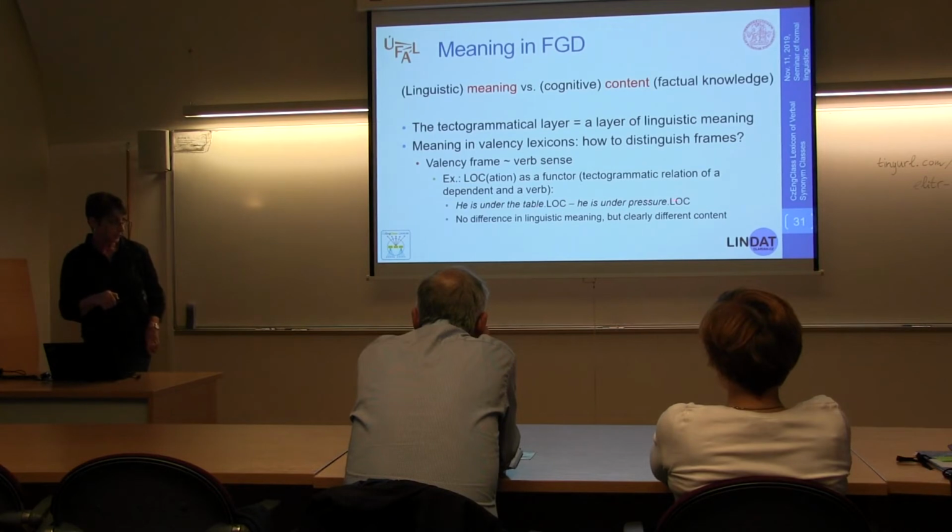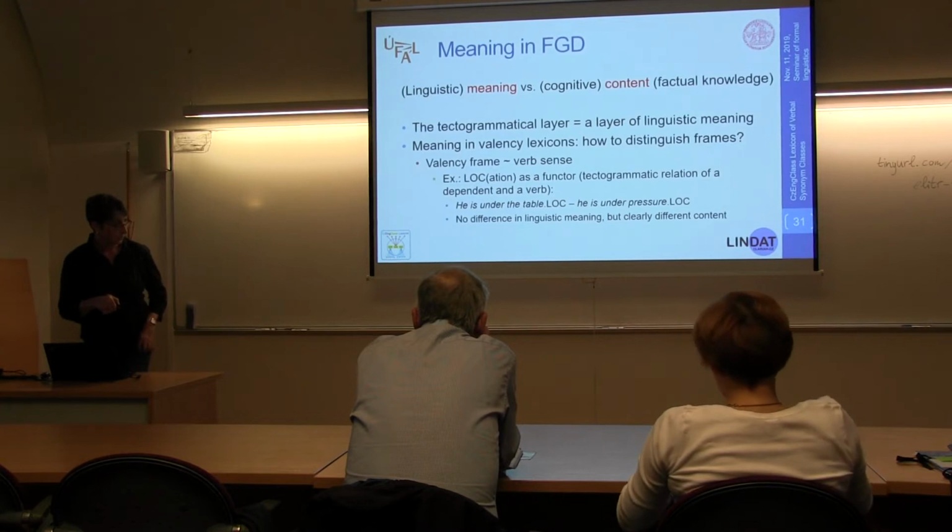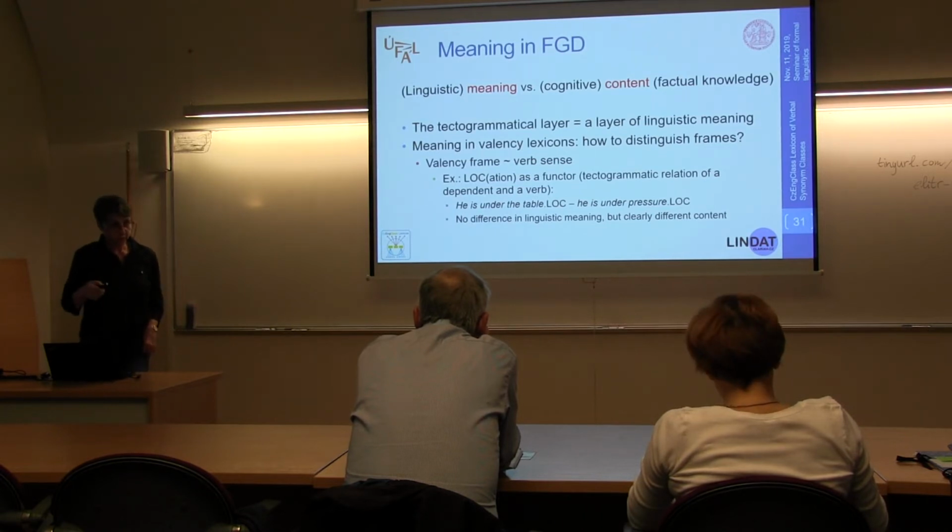So these two sentences have, at the text-to-grammatical layer, the same linguistic meaning, but they have different content. So when distinguishing the individual valency frames, we often had to go to content, kind of.